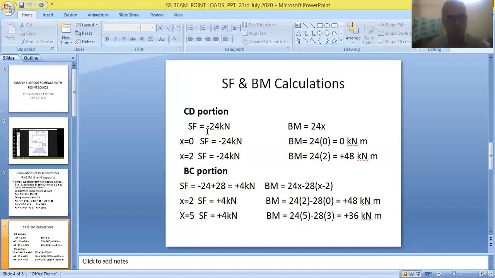So for this CD portion, the lower limit is taken as 0 meter, and the upper limit will be equivalent to 2 meters. Now this SF is independent of x value. We don't have any x value in the general equation, so the value remains the same. At x equal to 0, it should be taken as minus 24. At x equal to 2, it is also minus 24.